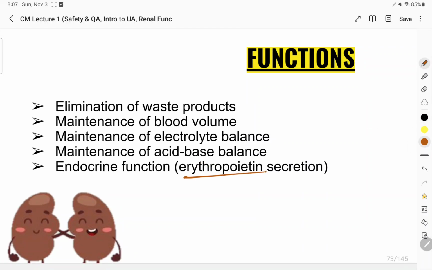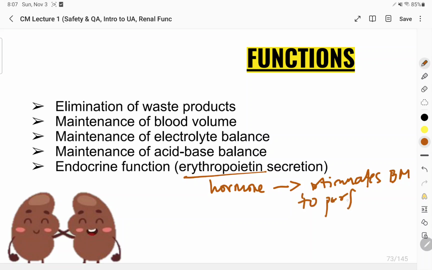It stimulates our bone marrow to perform erythropoiesis.